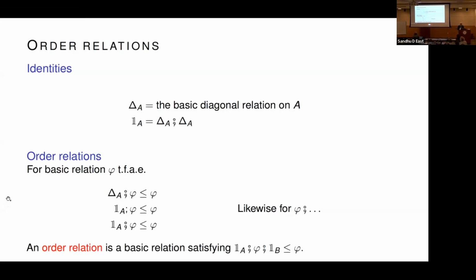So that's kind of satisfying, and you can identify when a relation is compatible with these new morphisms. Basically, you just need to check these conditions to make sure that you have compatibility, and on the other side as well. So an order relation is one that's behaving well with respect to this new identity. And those are the things that are the analogs of weakening.